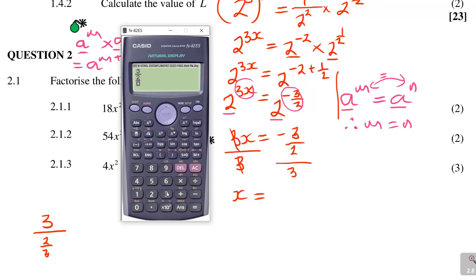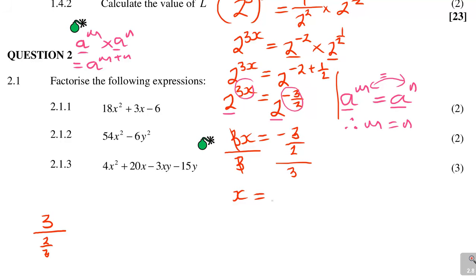That's the right one. It's 9 over 2. But if you just do this, you're going to say 3 over 2 over 3, and this time you are not going to get it right, because at the end of the day it's now giving us a half. So you need to be careful.